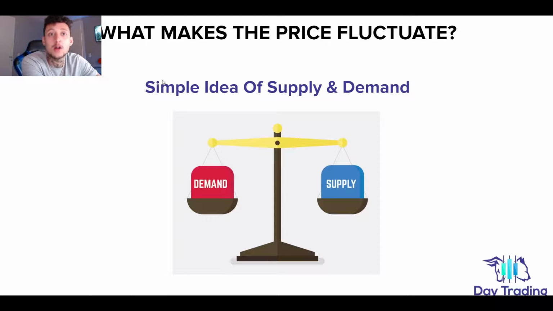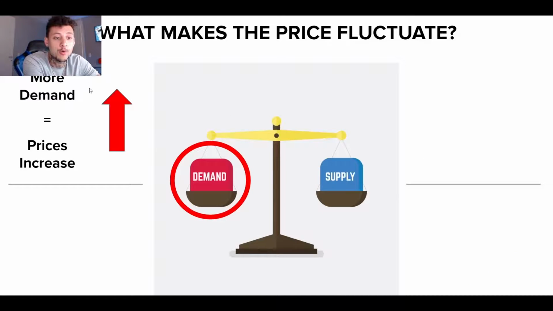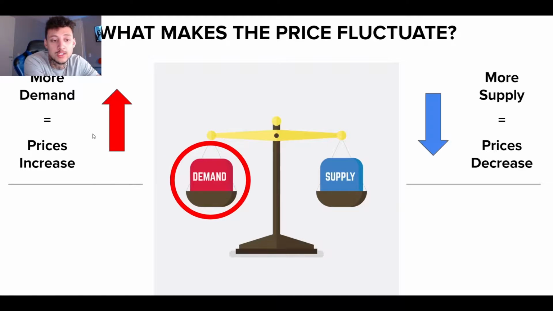So you're making $60 on every single shoe that you purchase, and that's how basic supply and demand works. The more demand there is for something, in this case the shoe, because you bought most of the shoes available in the market, the more the price increases.